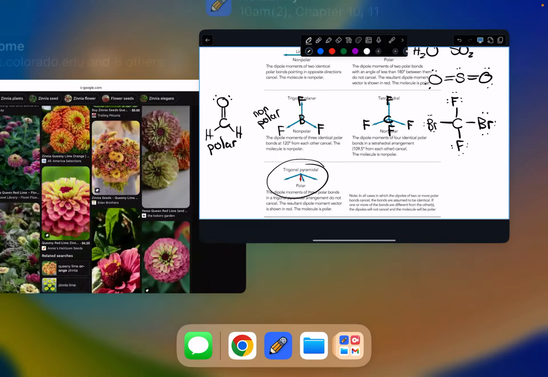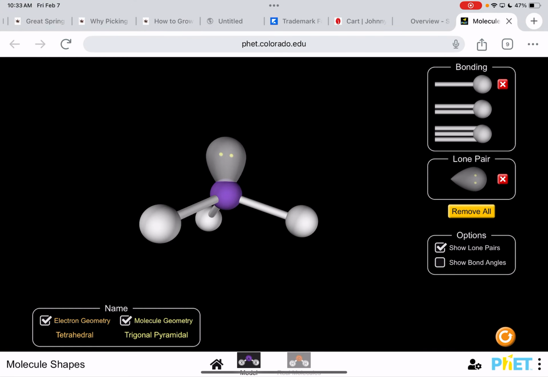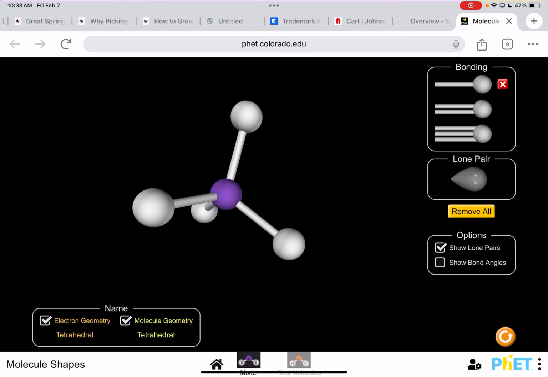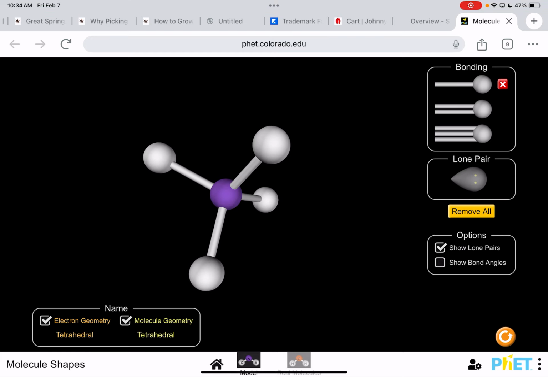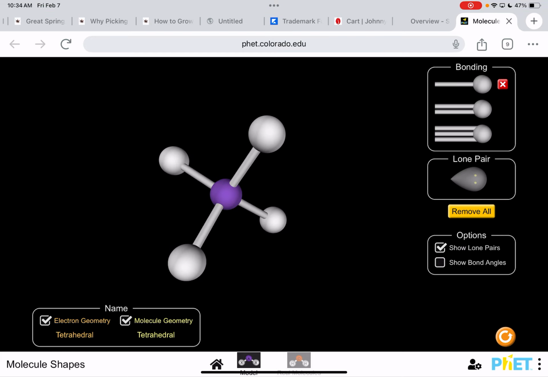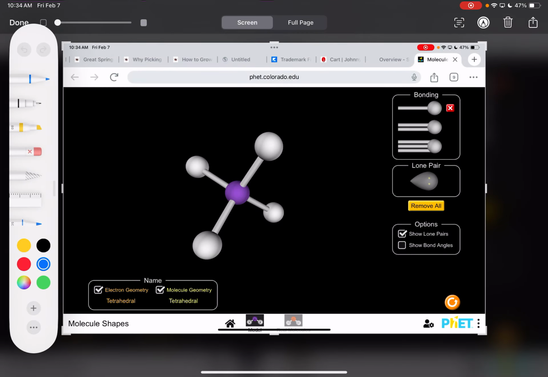Well, 4 groups are not arranged in 90-degree angles. They are arranged like this in a tetrahedral shape. So if I have that and I say, these 2 guys up here are bromines and these ones are fluorines, yeah, they're all arranged in a way that if they were equal strength, they could cancel. But bromine and fluorine are not equal in strength.